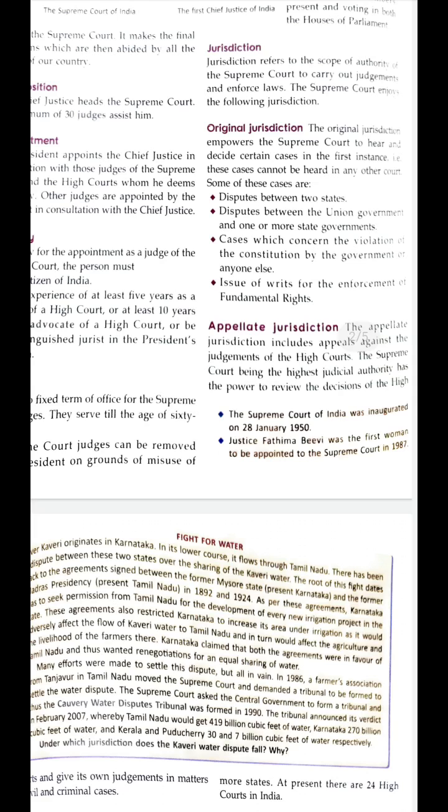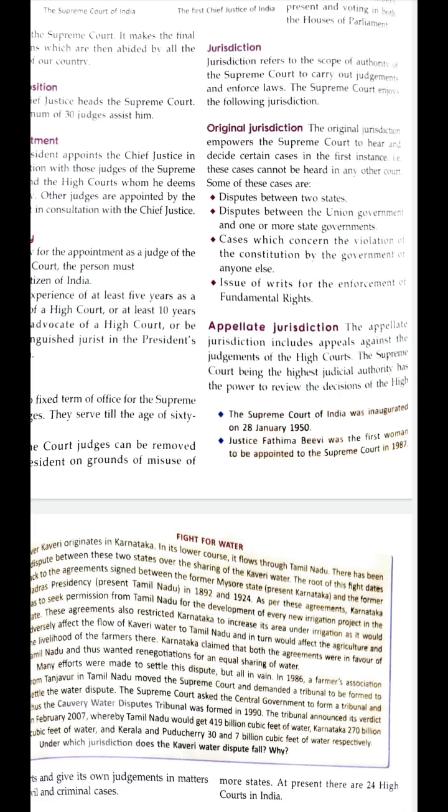Cases like a dispute between 2 states, a dispute between the union government and one or more state governments, cases which concern the violation of the constitution by the government or anyone else, and issues of rights for the enforcement of fundamental rights. So these are the cases which are brought under the original jurisdiction. Clear?